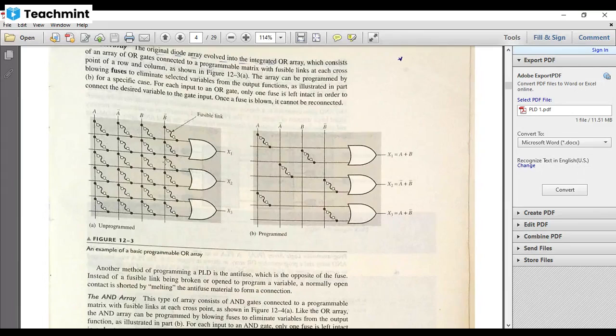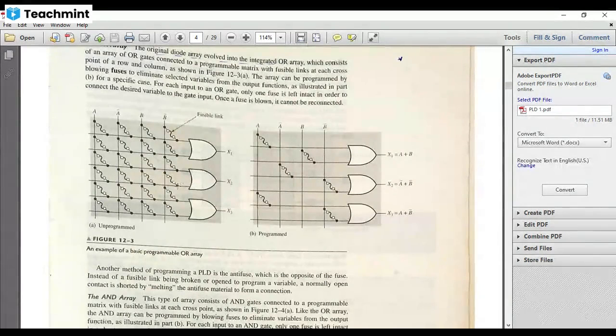With the help of programming, these row and column links are to be burned to make the link. These are meant for links, and these are to be burned for the link here.